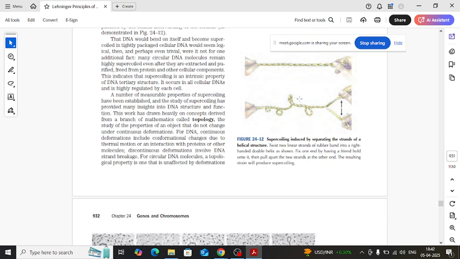So in this case, the topological property will not change. But when you induce a breakage here, then this is a discontinuous deformation. In that case, the topological properties will change.